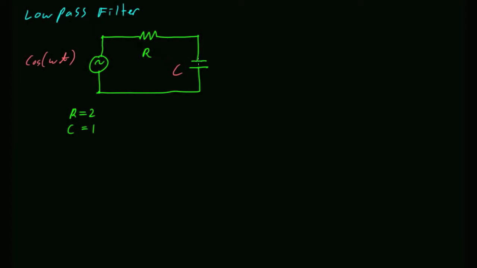Our rationale was that the capacitor, remember, is I equals C dV/dt. If the voltage in the circuit is low frequency, if it's not changing, or changing very slowly, then dV/dt will be very small, which means I will be small.